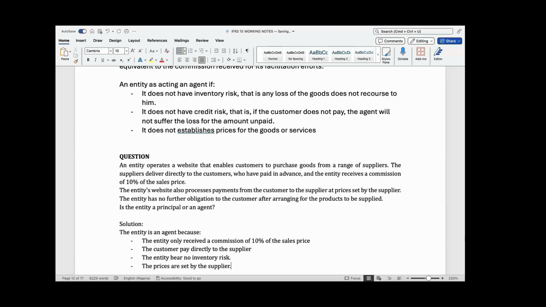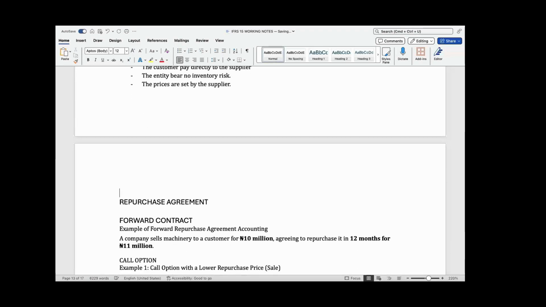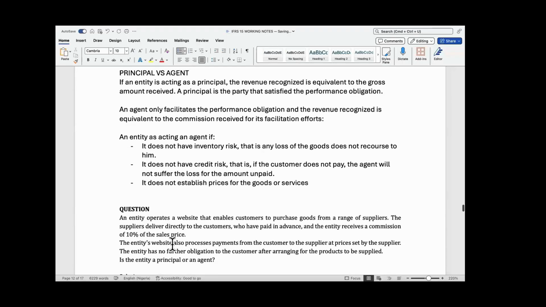So it's acting as an agent in this case. Any questions? Principal versus agents.